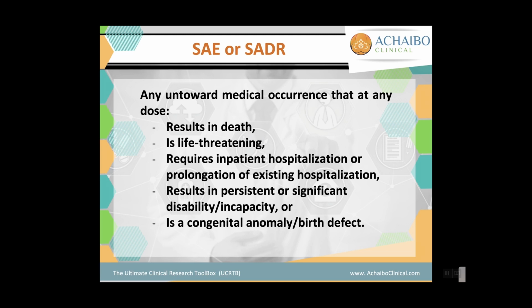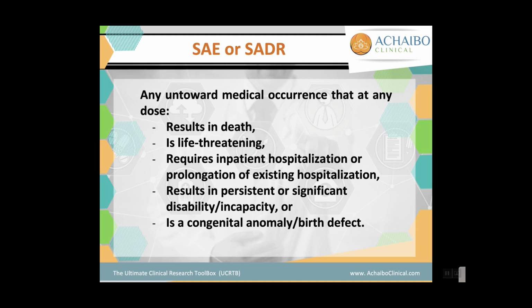Okay? So I just want to clarify: results in death means that the event resulted in death. A lot of times there's confusion between, say, a patient had a car accident and then they died as a result of the car accident. So the SAE actually is the car accident, not death, right? So just remember that it's the event that causes these things to happen versus these things that happen.